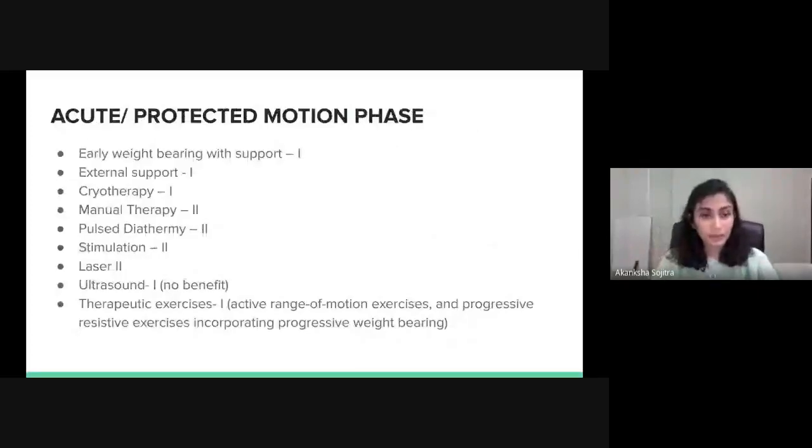Now for rehab, for the acute protected motion phase, the initial acute patient, early weight bearing with support is clinically reliable, and for all the 1s and 2s that you see here, 1 is the highest clinically evidence-wise, and 2 is also pretty good, but 1 is at a higher level.